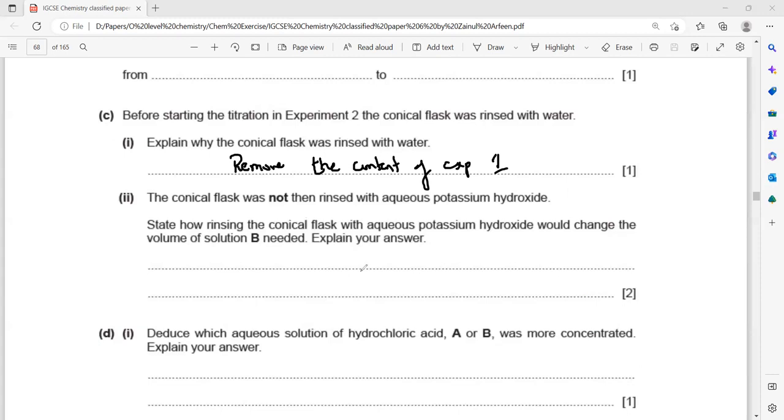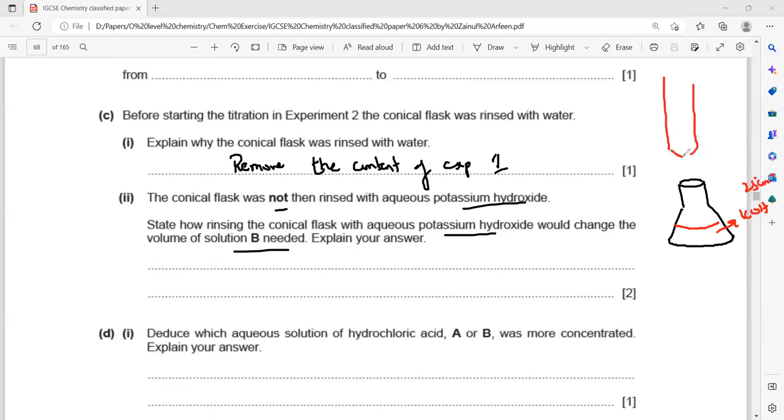Then the conical flask was rinsed with aqueous potassium hydroxide. State how rinsing a conical flask with potassium hydroxide changes the volume of solution B needed for the experiment. For example, say we had 25 cm cube of potassium hydroxide and we titrated with HCl solution B, of which we used about 19.8 cm cube.